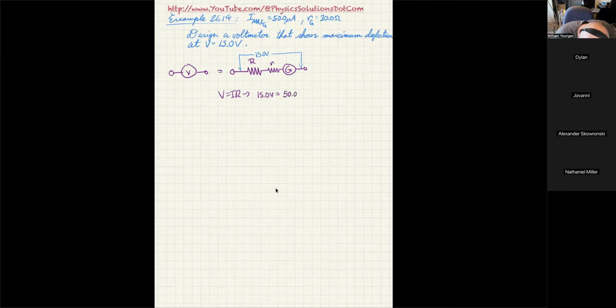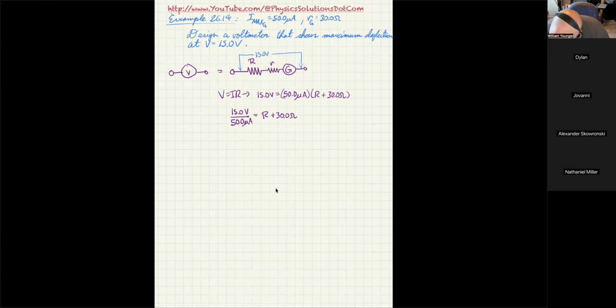So I write 50.0 microamps times R plus the 30.0 ohms. Now I can take 15.0 volts and divide it by 50.0 microamps, and that's going to be equal to R plus 30.0 ohms.